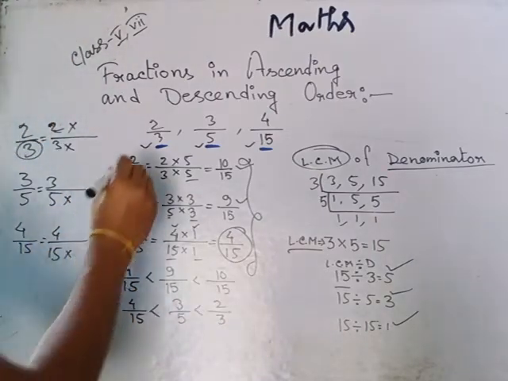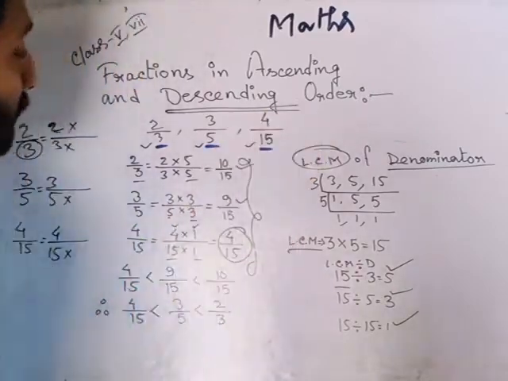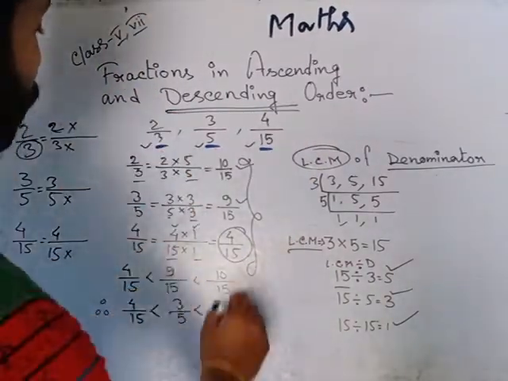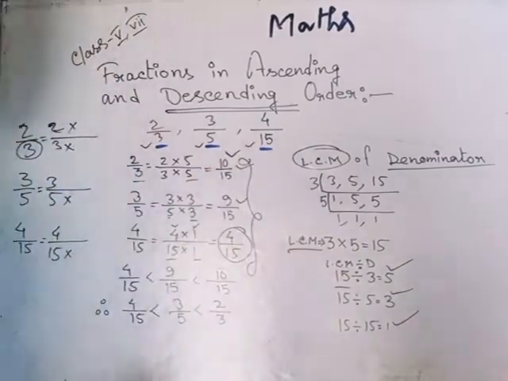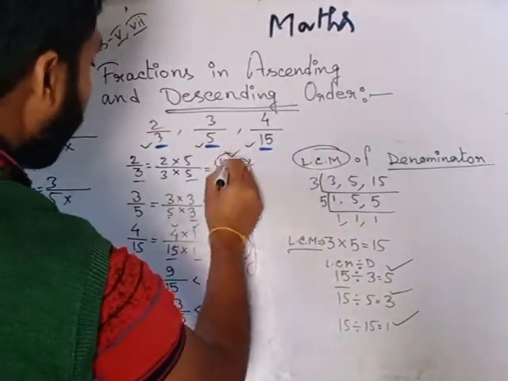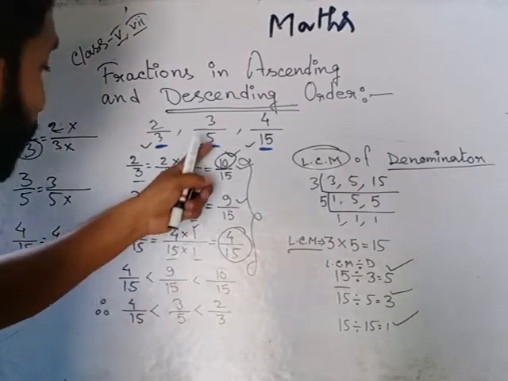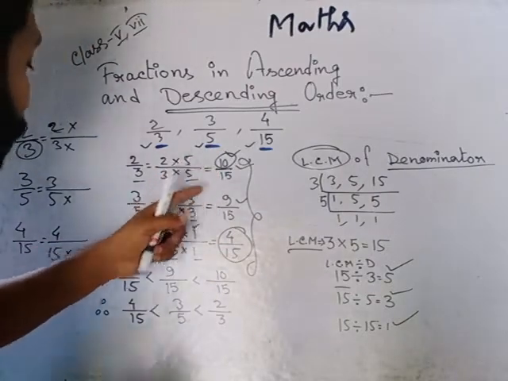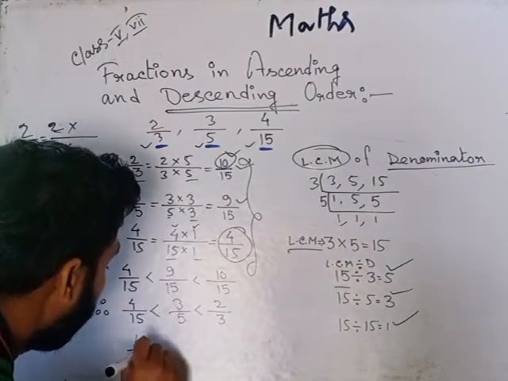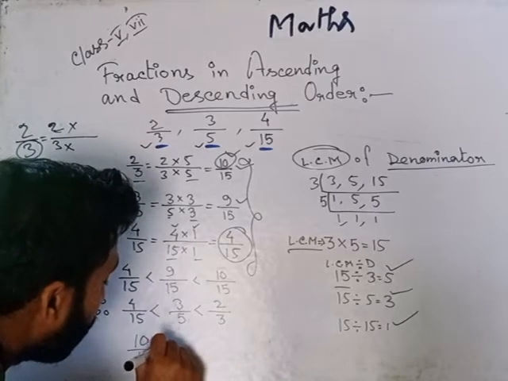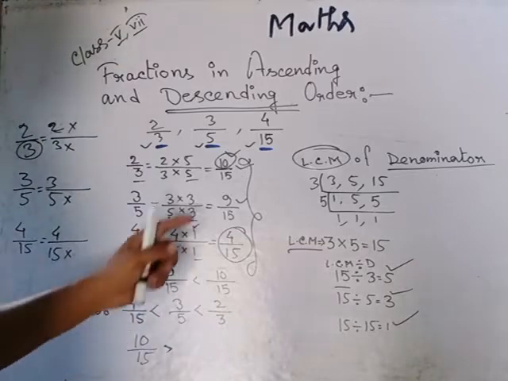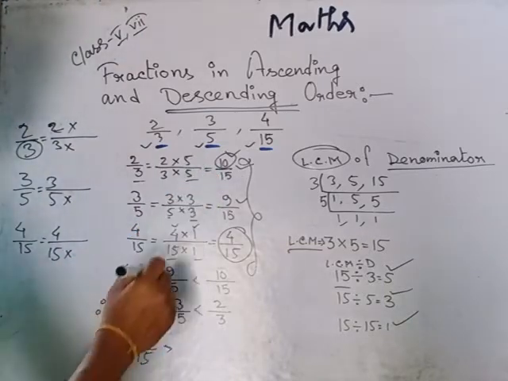If it is descending order, we should find out which one is the biggest number. As a numerator, which one is the biggest? 10 is the biggest numerator, so we write 10 by 15, and we use the greater than sign because it is greater.